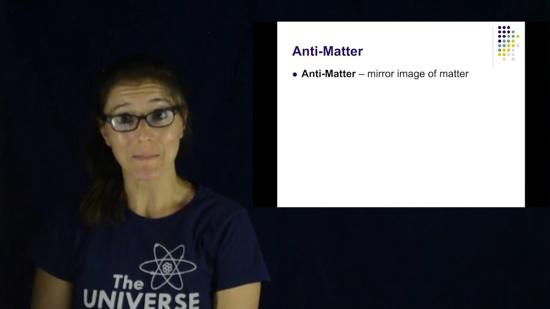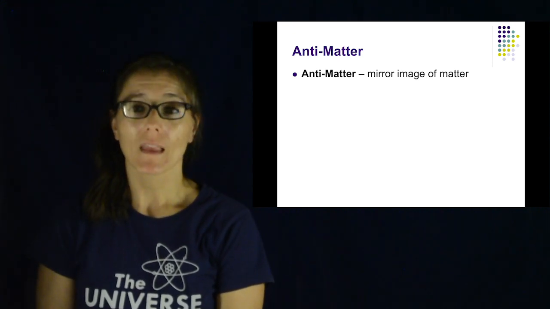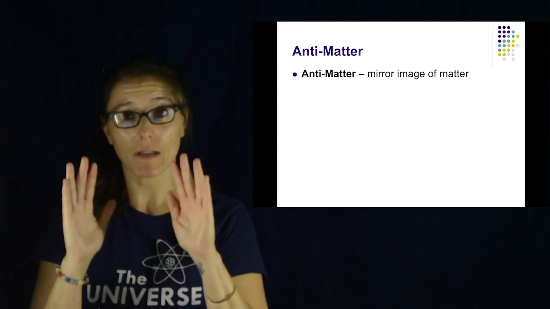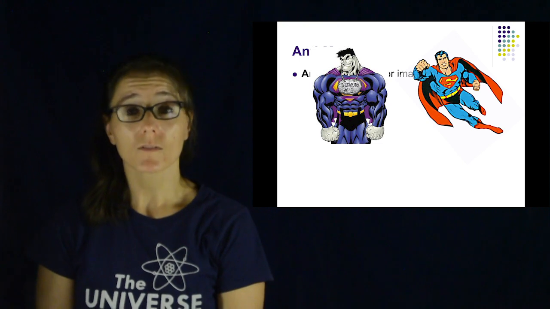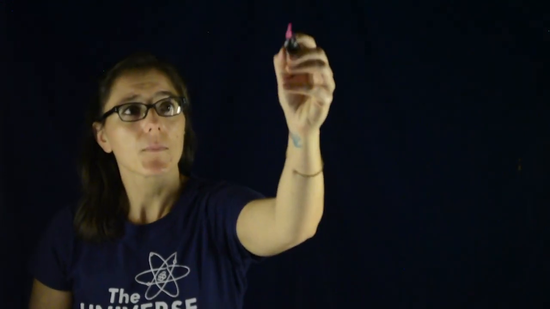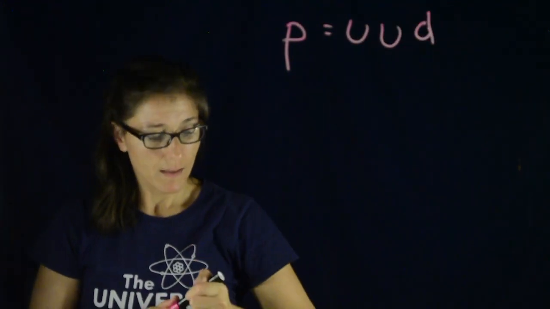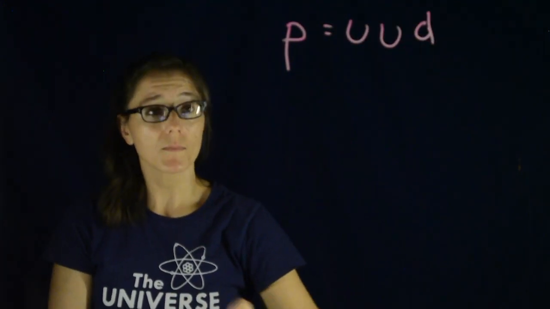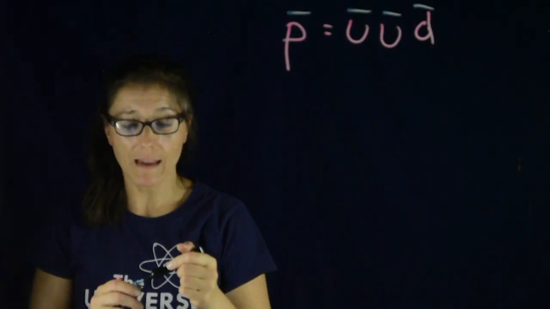Finally, antimatter. Let's take a moment to talk about what antimatter is. Antimatter is basically a mirror image of matter. It's kind of like the bizarro of matter. So there's such a thing out there as an antiproton. It is not just a negative proton, but if a proton is made up of an up, up, down, then an antiproton is made up of an anti-up, an anti-up, and an anti-down.